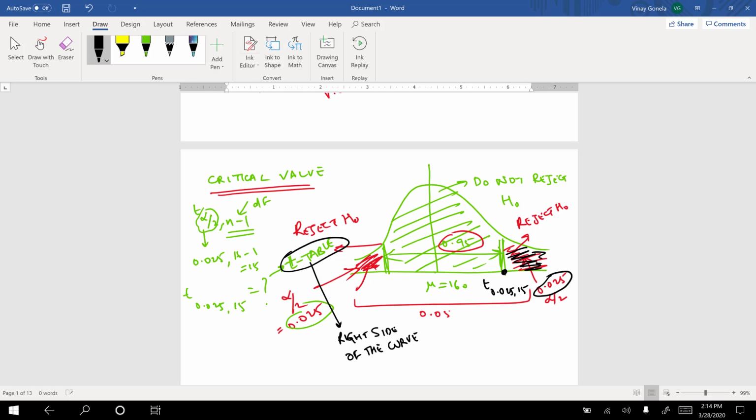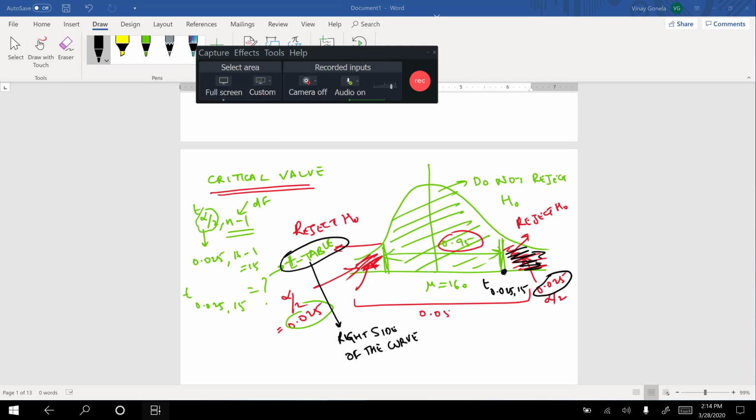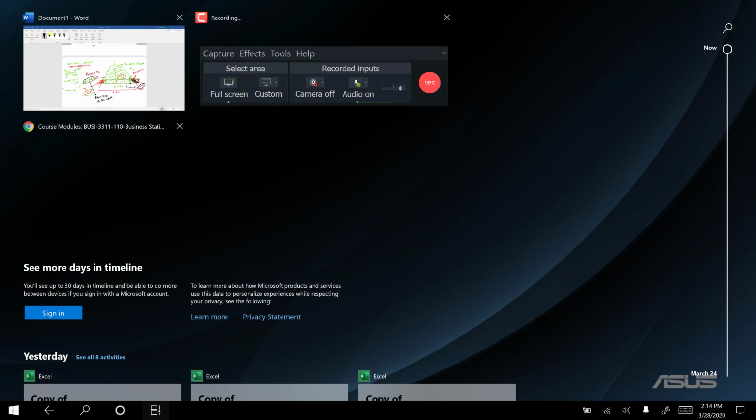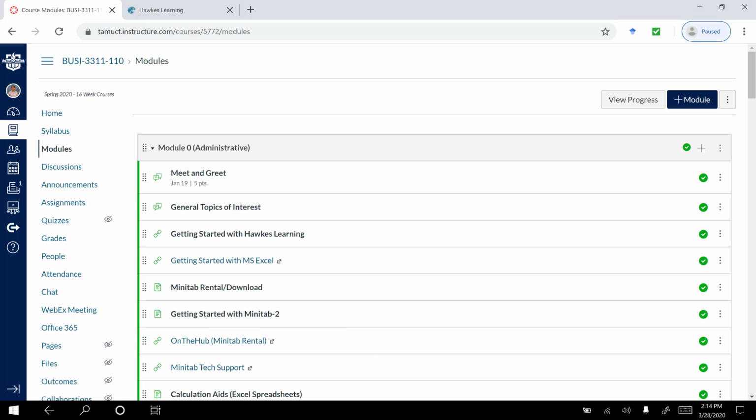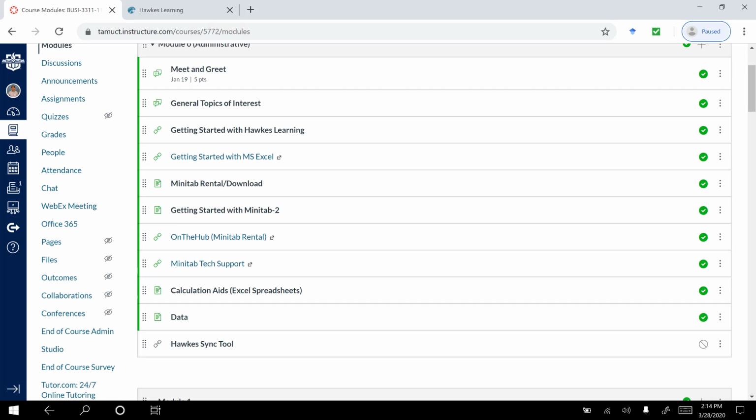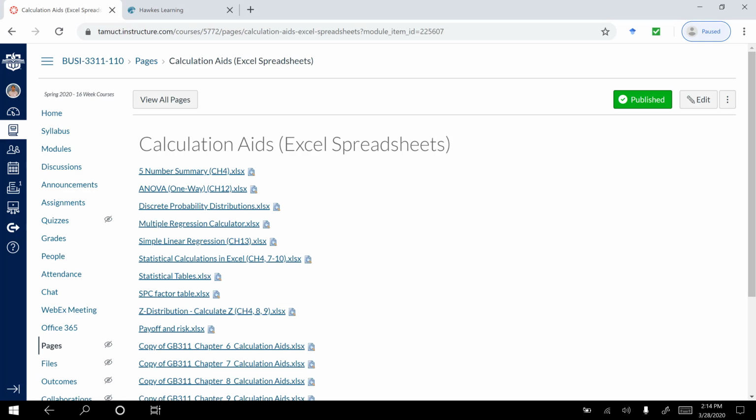So I will now go to the t table and calculate what this is. I'm going to our course modules, then I will go to calculation aids, and look for statistical tables.